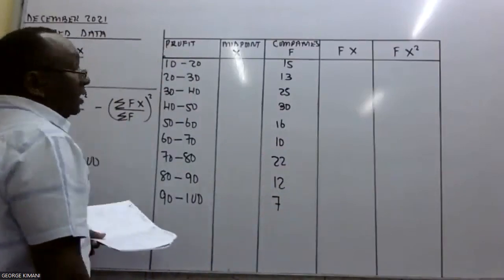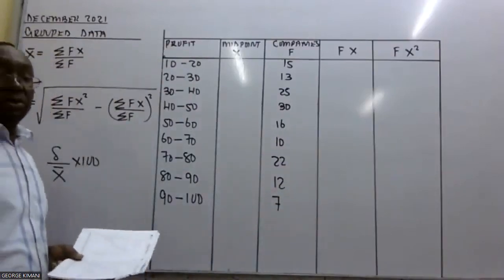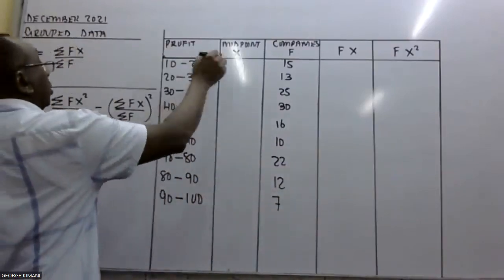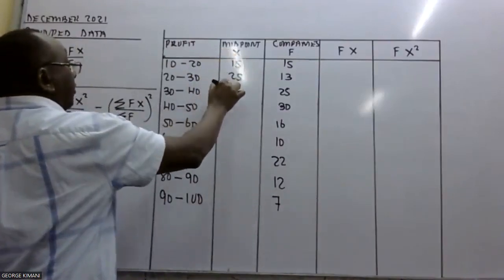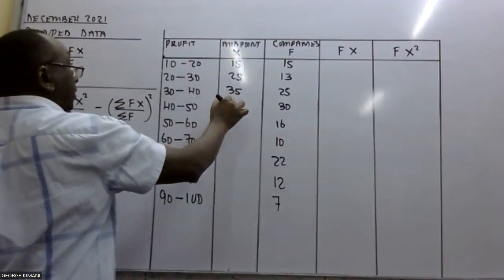So you just add the two limits, you divide by 2. So this will be 15, then 25, 35.